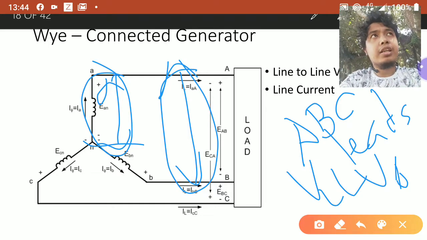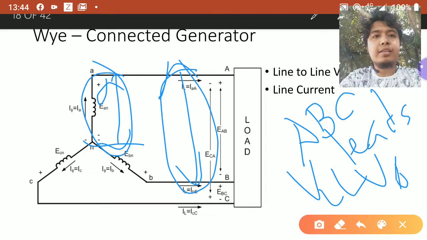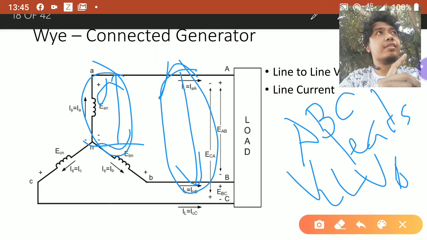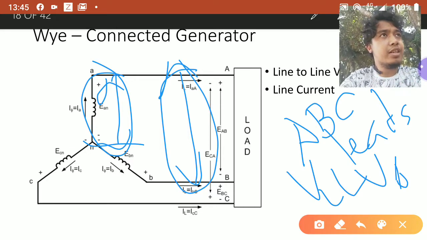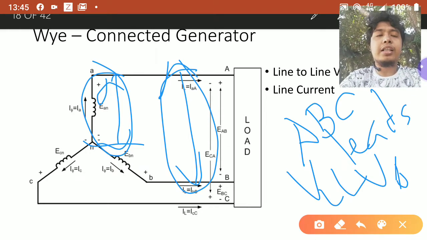So what does it mean? It means that if my VAB is angle 0, and the system is in ABC, its corresponding V phase, which is VA neutral, is negative 30, because if AB is 0, it leads by 30, so AN must be negative 30.